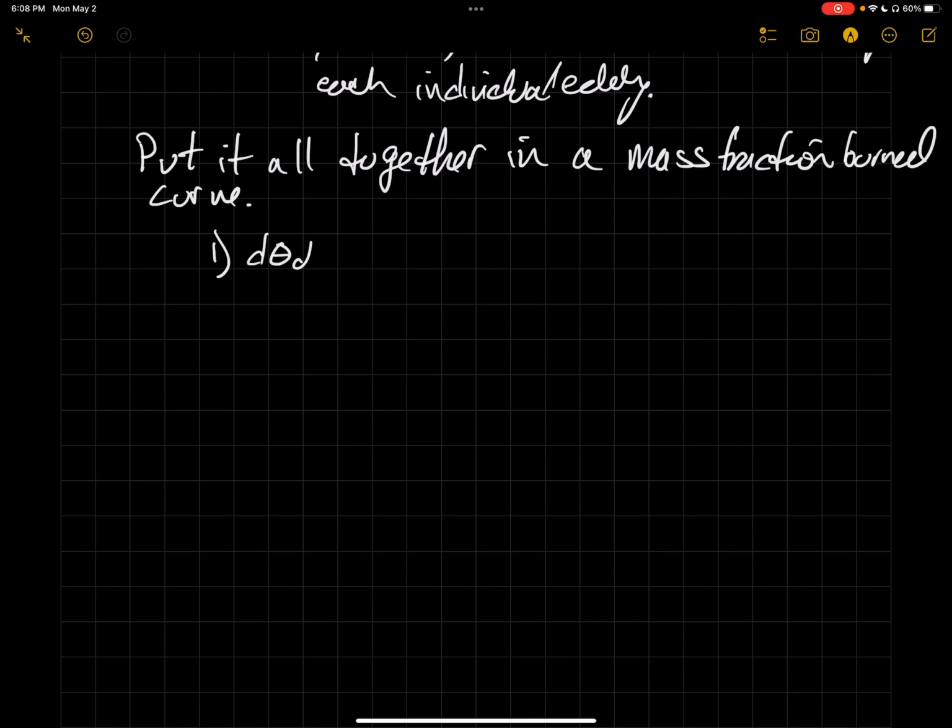There's the delta theta d, which is the flame initiation period, and remember that this is a function of basically just the laminar flame speed. Laminar flame speed is a function of a lot of things, but this flame initiation period is just a function of the laminar flame speed.